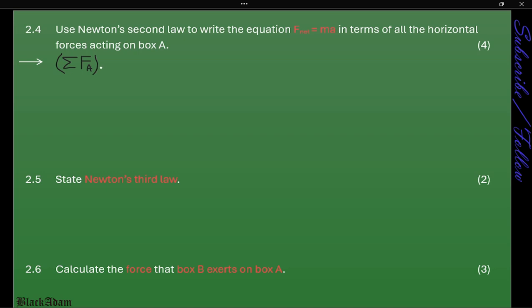So the horizontal, we take X, so all the horizontal forces will mean that we have the bigger one, which is the force applied, and then it has its minus, because the friction is on the negative side, it's minus kinetic friction for object A, and minus the force that B applies on A. So the force that B applies on A, and all of that gives us mass times acceleration. So it's mass A times acceleration. Acceleration is the same, so you can't differentiate between acceleration A and B in terms of the boxes.